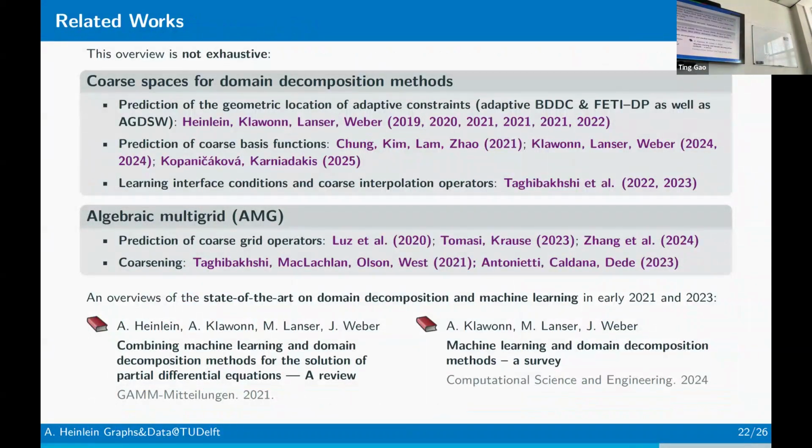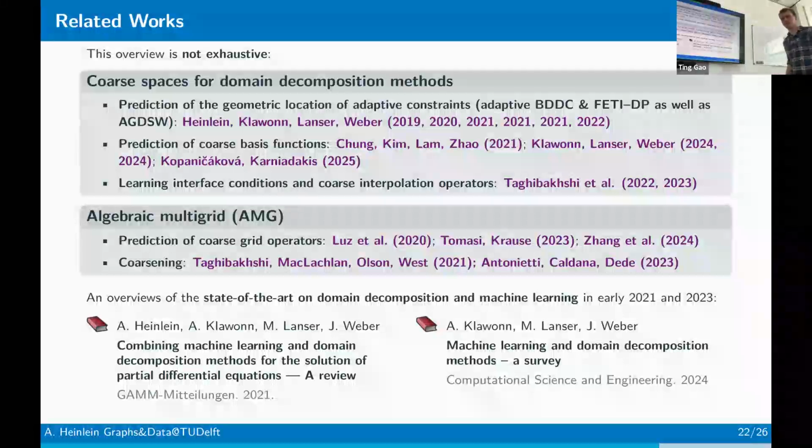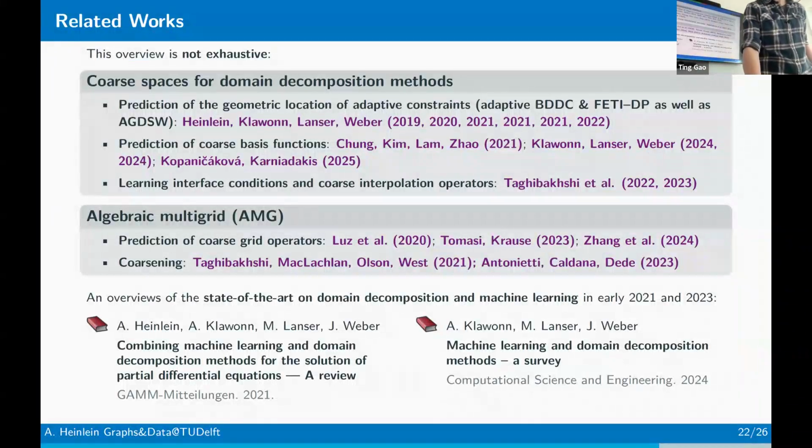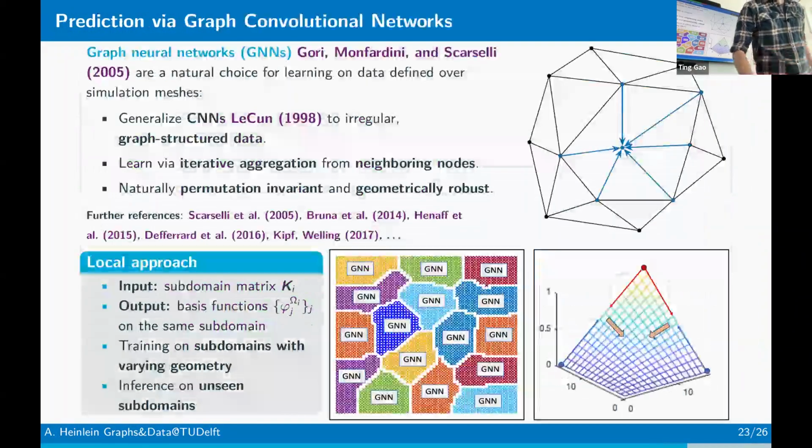This is just to say that there have been other related works on this. There has been some work on constructing coarse basis functions or constructing interpolation operators, also for multigrid methods, actually. And I think this is a relatively recent review paper, in case you're interested in this a bit more.